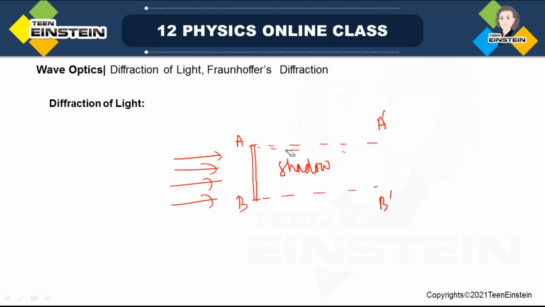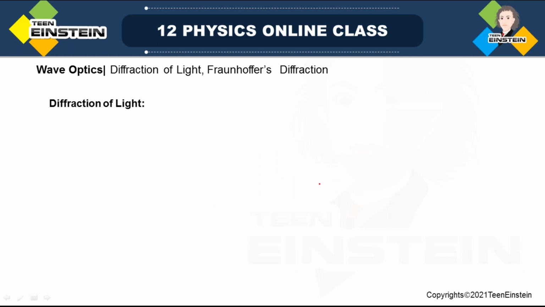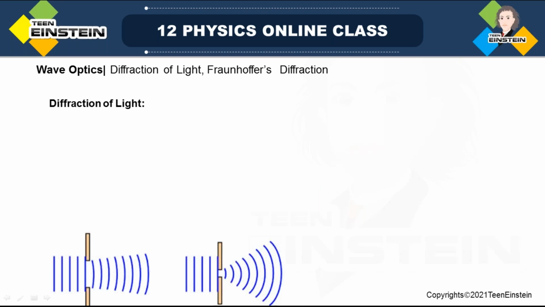Instead of this part being dark shadow, some light rays at the sharp edge enter into the geometrical shadow region, and you will see some light at this particular region. I'll show you how it happens.